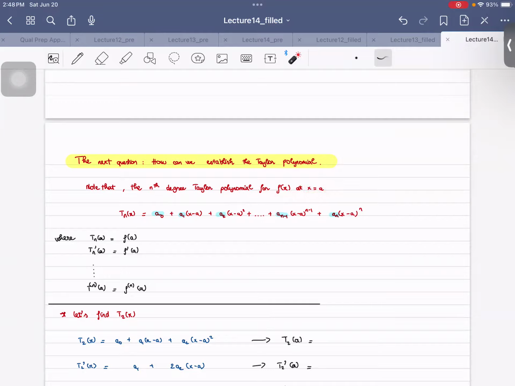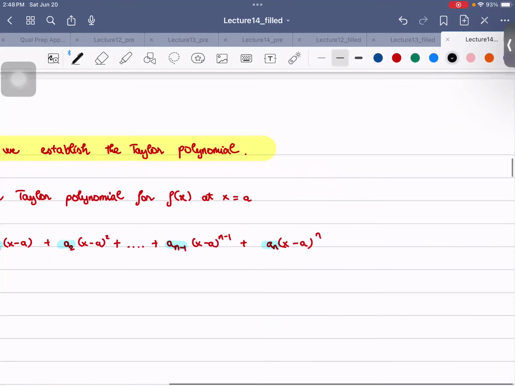So you're going to have x minus a as the main core, because you want to write down the approximation at x equal to a. Remember that x minus a is the main core, the main ingredient of your function approximation.